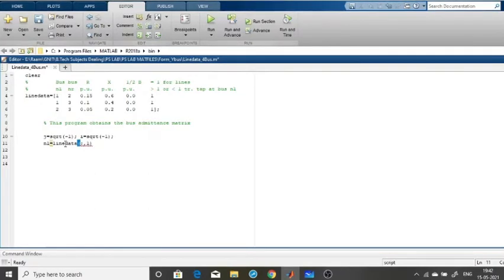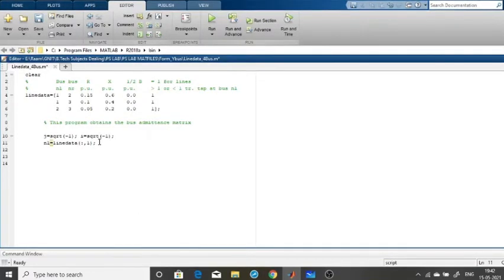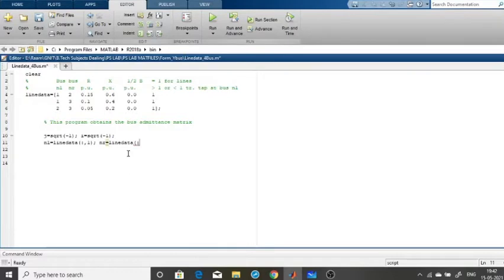This indicates it is going to take the first column of the line data, which we are going to call NL. Okay, give a semicolon. Now similarly NR. NR is the second column of the line data. So NR is equal to linedata colon comma 2, which is the second column of the line data.